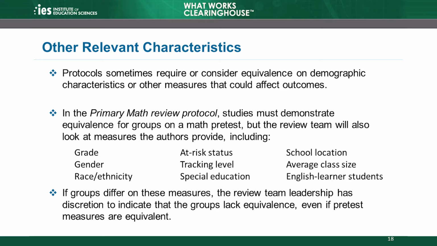In the case of the Primary Math Review Protocol, when baseline differences exceed 0.50 standard deviations, the review team leadership has discretion to indicate that the groups lack equivalence, even if pretest measures are equivalent. This requirement and the characteristics included vary by review protocol.